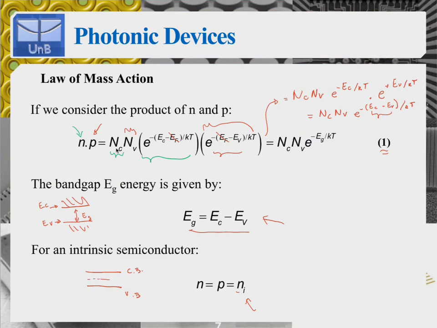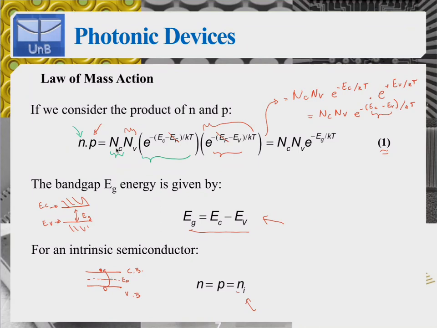The Fermi level is exactly halfway between these two bands, and for each electron that transits from the valence band into the conduction band, leaving behind a hole, you will have a one-to-one correspondence, because for each electron created, you have a hole that is automatically created as well.